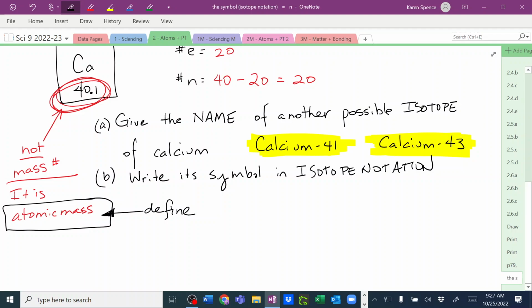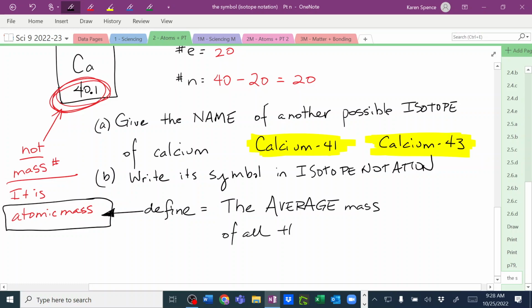Alrighty, what is atomic mass? It is the average mass of all the naturally occurring isotopes. Okay, so atomic mass is the average.